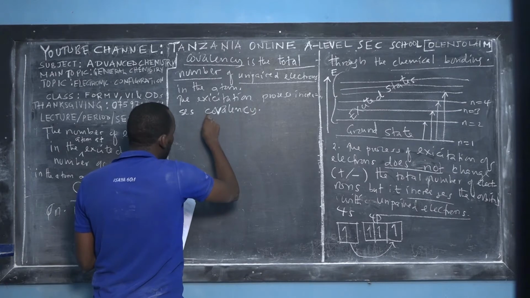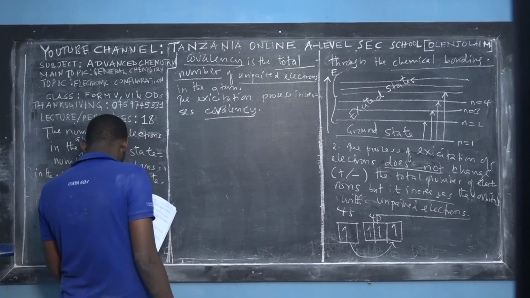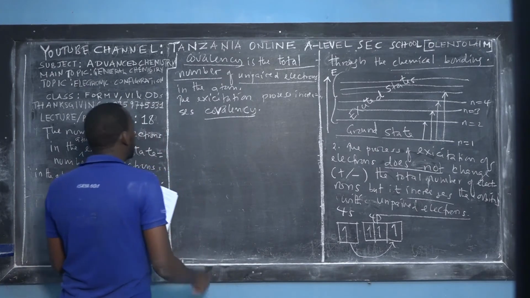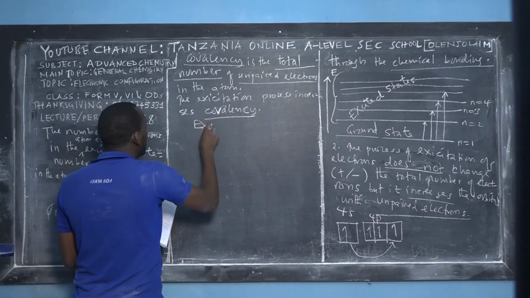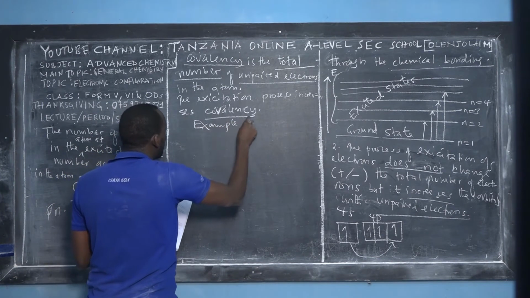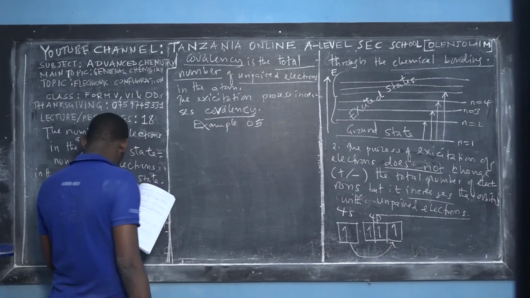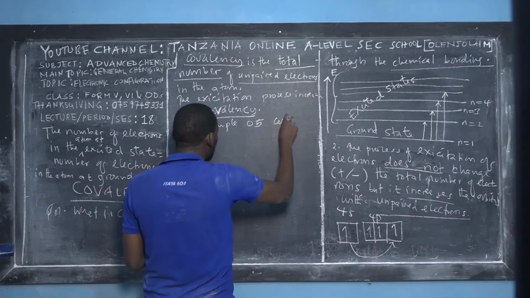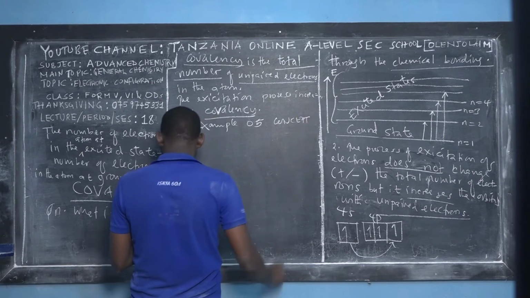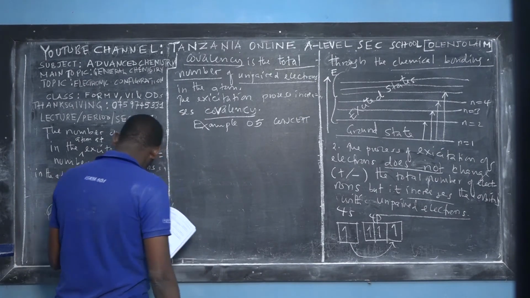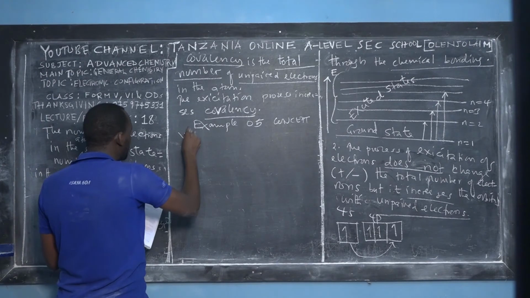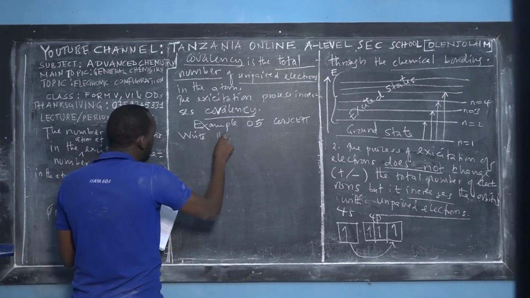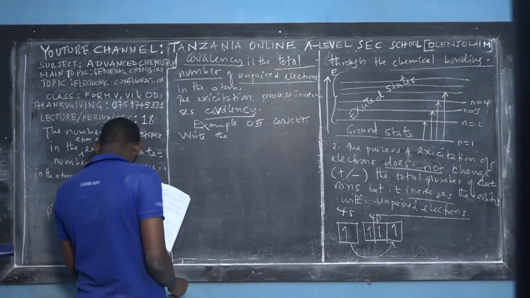So you have to understand them and take them seriously. So let us do example 5. And this is a little bit of a new concept. Write the electronic configuration.